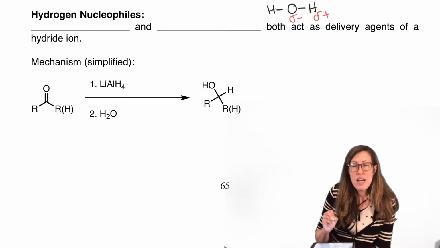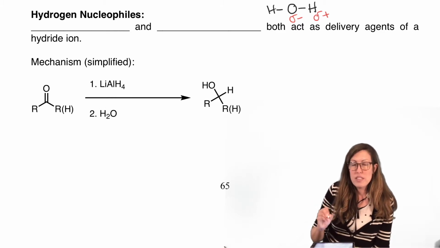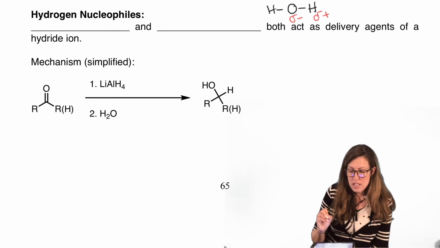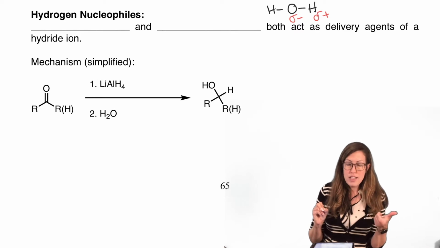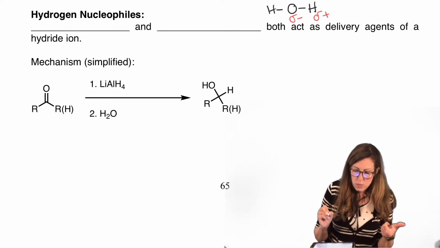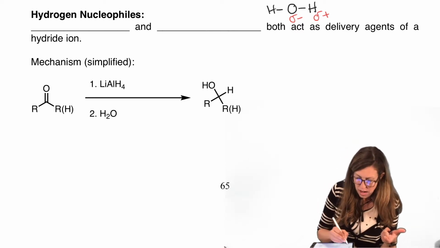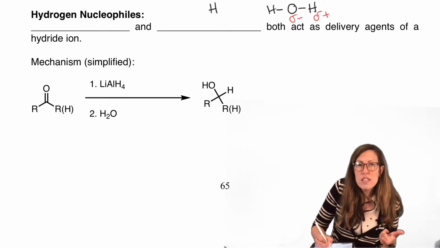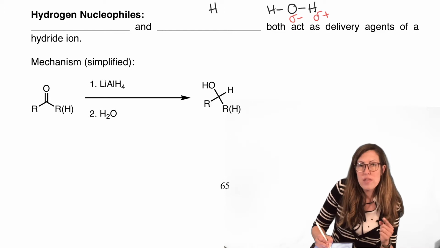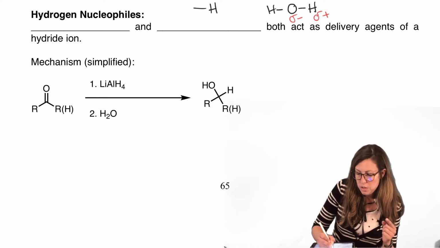That is not what's going to happen here because hydrogen is going to be a nucleophile. It's going to be the exact opposite. In order for that to happen, we have to essentially reverse this polarity in that bond to hydrogen. So the only way to really have that happen is to have hydrogen bonded to something that is less electronegative than it. And that's where these transition metals come in.